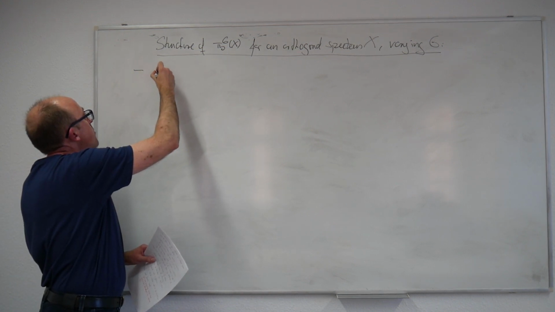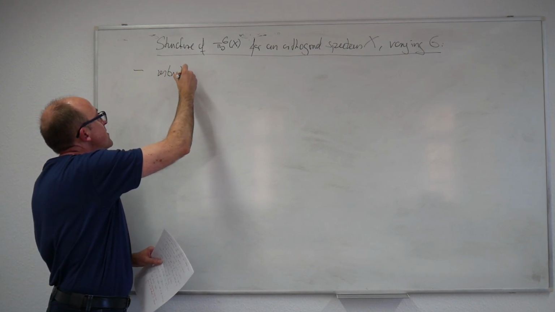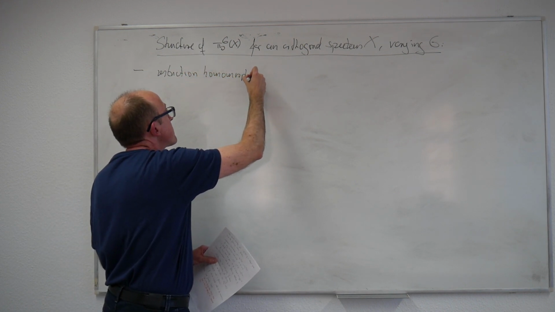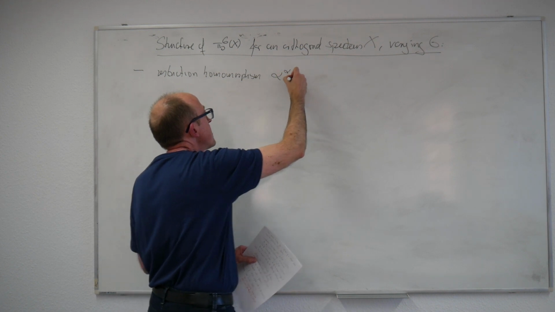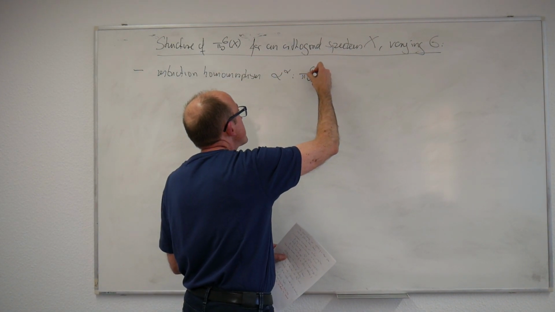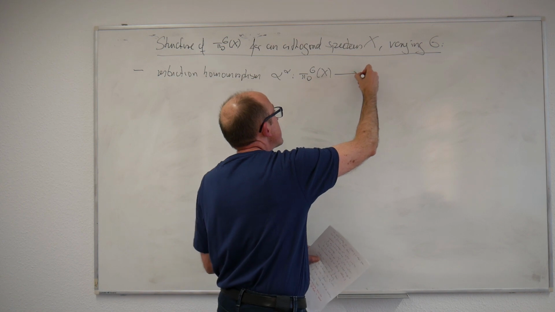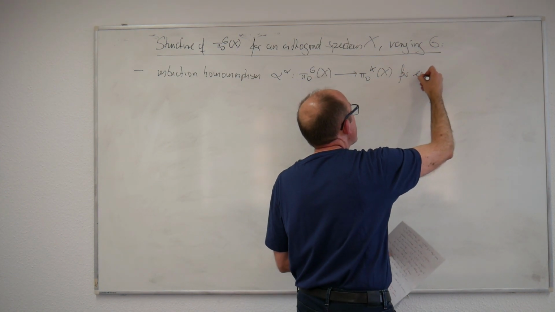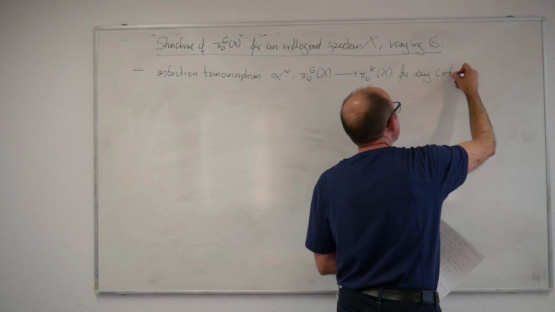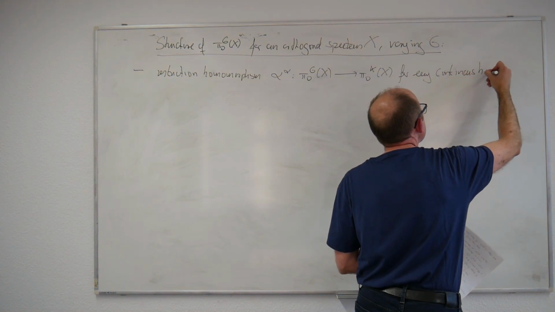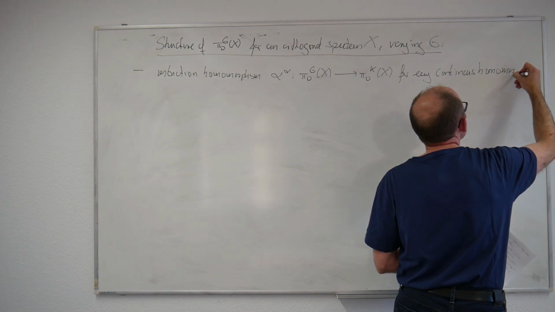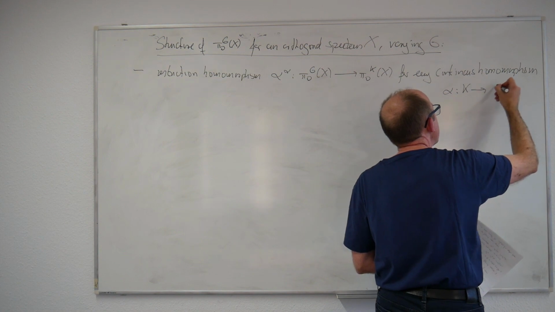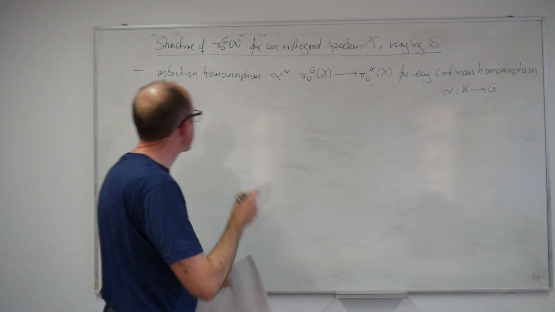A little while ago, I talked about the restriction homomorphisms alpha upper star from pi 0 G equivariant of X to pi 0 J equivariant of X for every continuous homomorphism alpha from one compact Lie group J to another compact Lie group G.